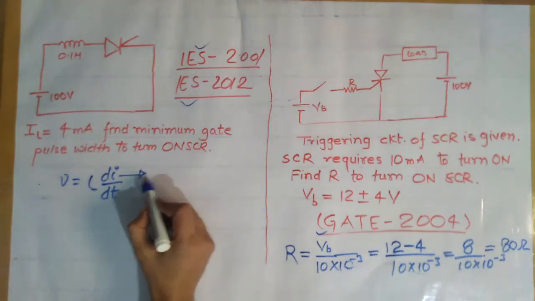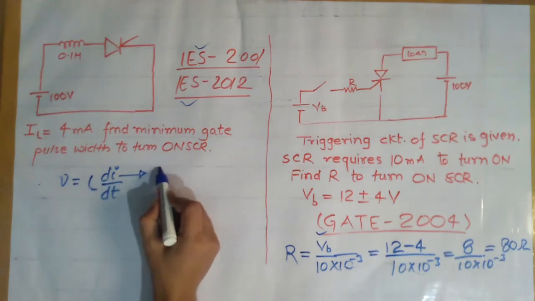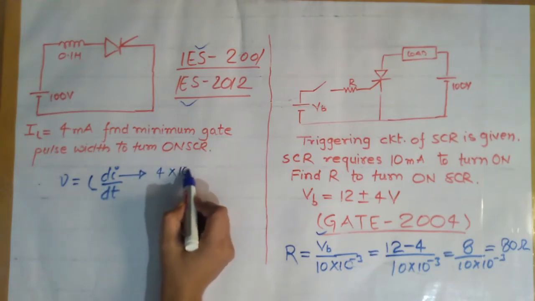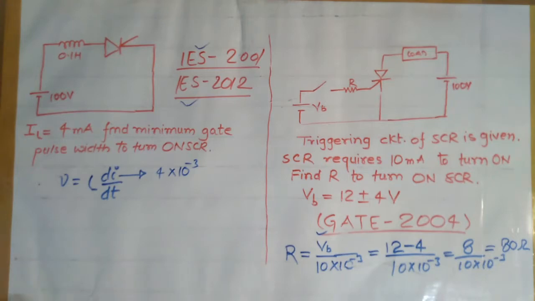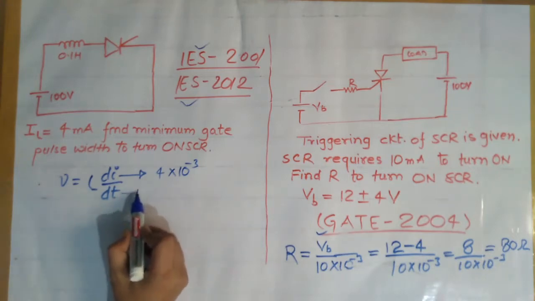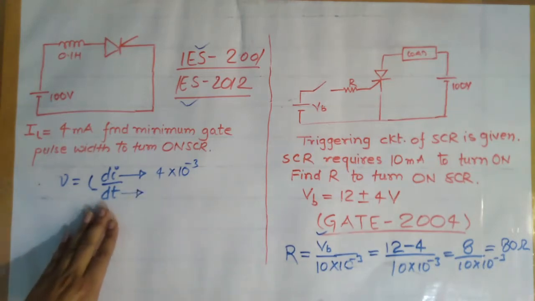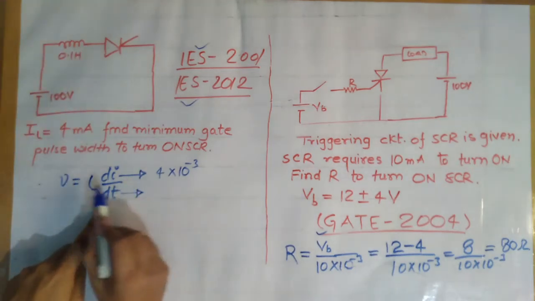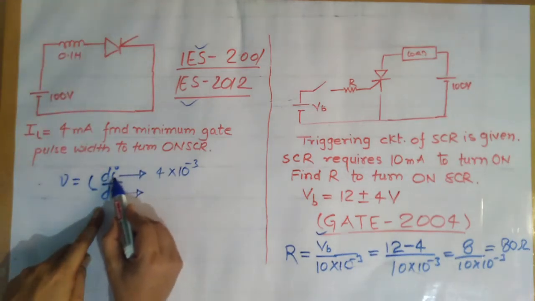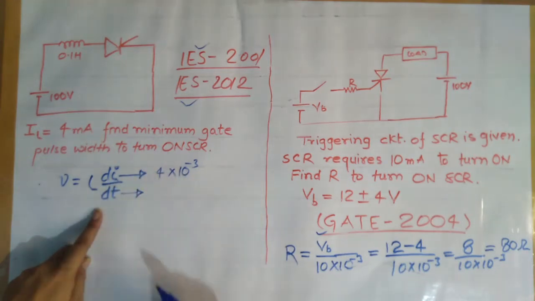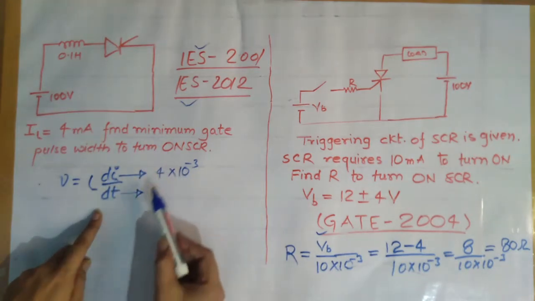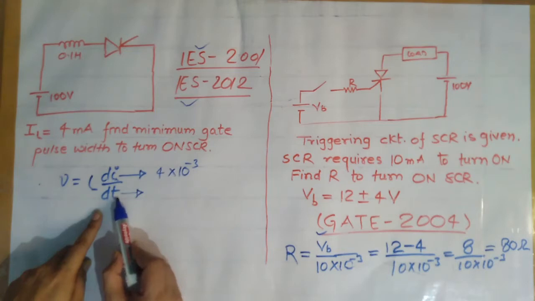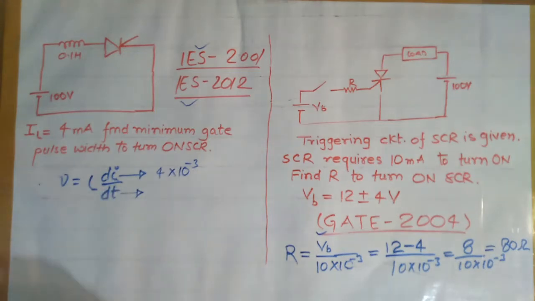So the desired value of di is 4 into 10 to the power minus 3. Now what is dt? The significance of dt is the time for which the gate pulse is applied, because this is the time during which the anode current changes from 0 to 4 milliampere. So this time gives the width of the gate pulse and we have to find this time.